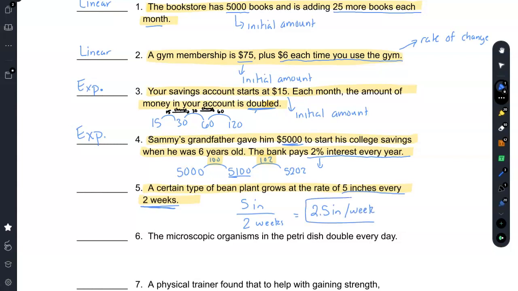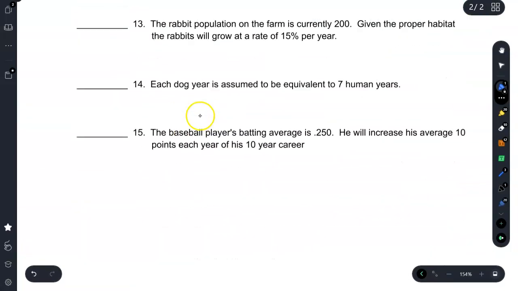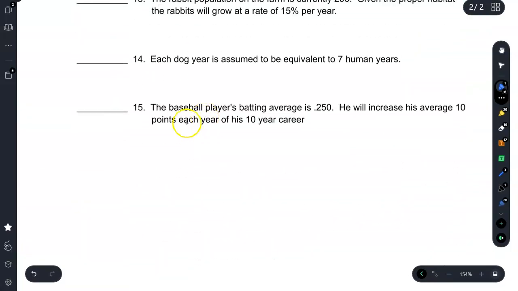I'm just dividing by 2. So that's 2.5 inches per 1 week. Whether I'm on week 1 or week 2 or week 3 or week 4, it's still growing at the rate of 2.5 inches per week. That rate's never changing. So that is going to be a linear statement. So the rest of them, number 6 through number 15, you can do and submit back to Moodle.